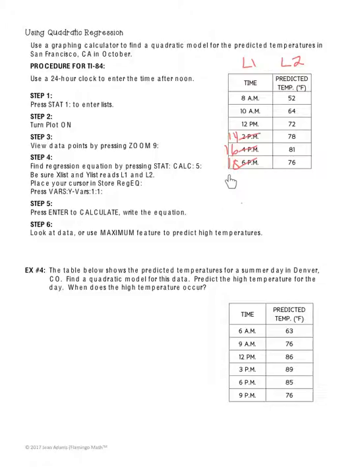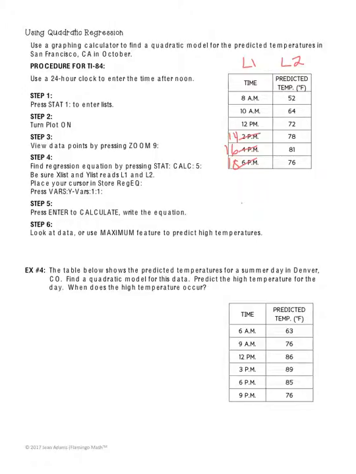So make your X min 0 and your X max 20. Then your smallest Y value here appears to be 52. And your largest Y value is 81. So I would probably go from, you could go from 50 to 100. So your Y min would be 50, your Y max would be 100. And so put that into the window.